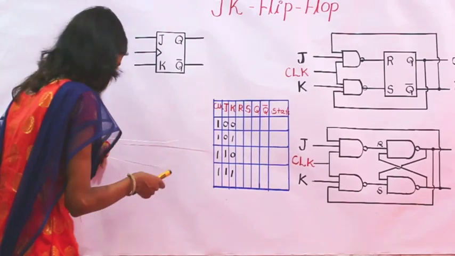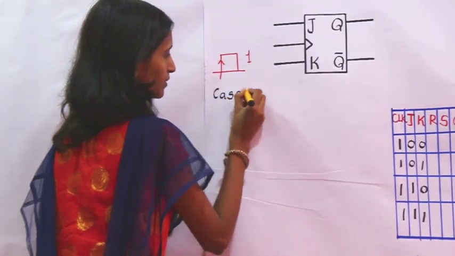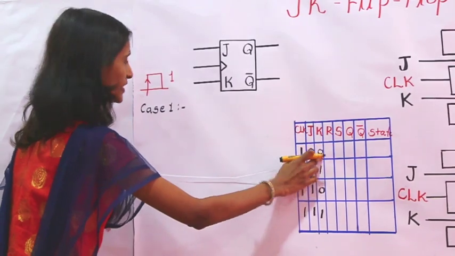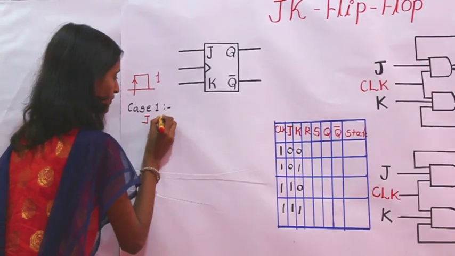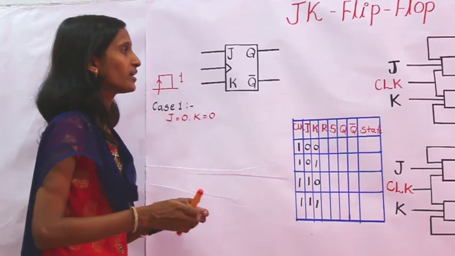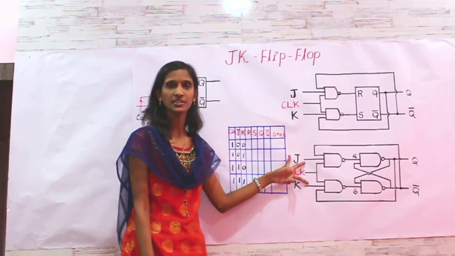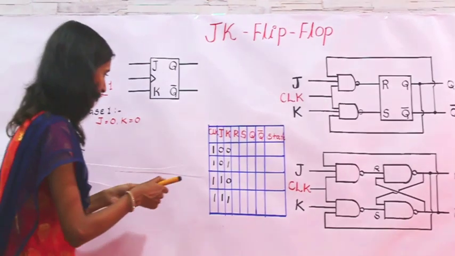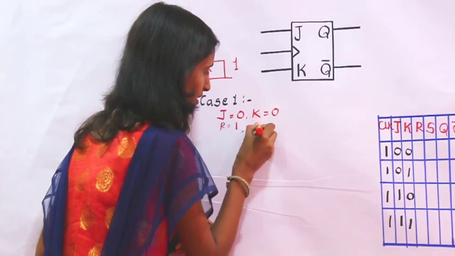Now I will consider case 1, with J as 0 and K as 0. As I mentioned, if any one input of the NAND gate is 0, the output is forced to 1. So R and S both become 1.